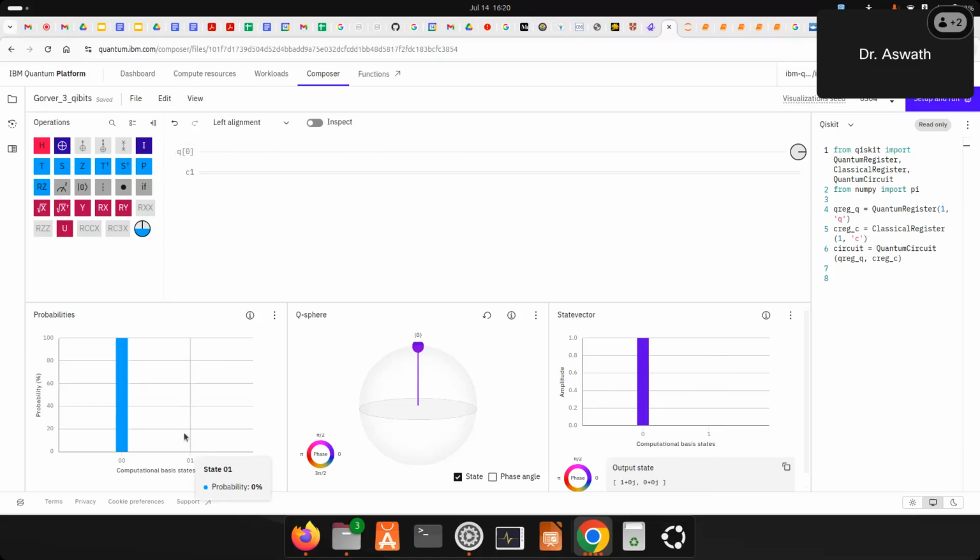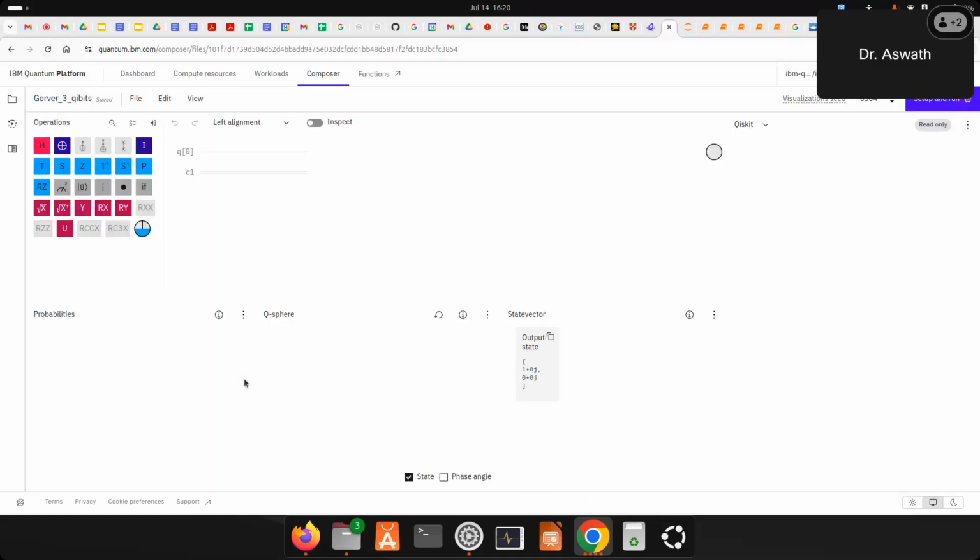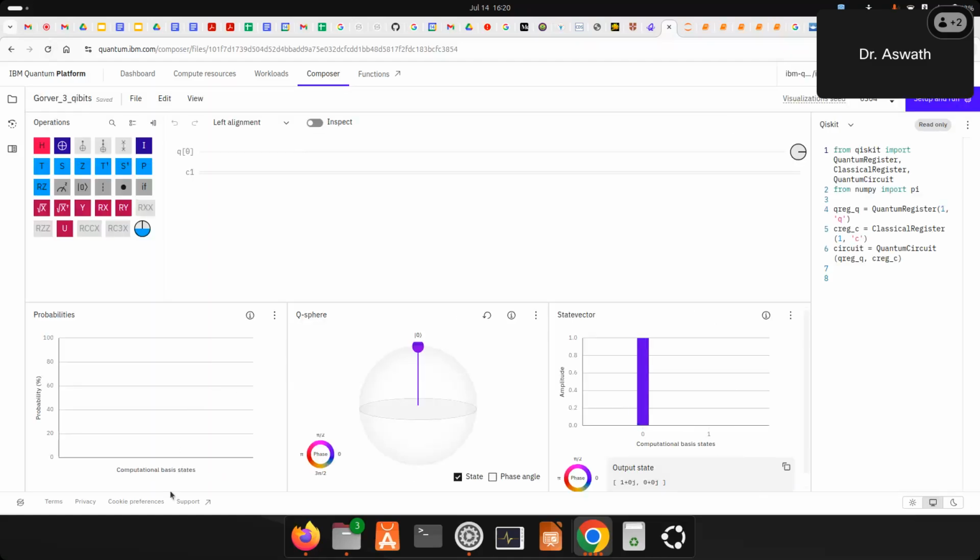And the probability is here. I think it is not getting updated. The computational basis should update. Let me refresh. Yes, the probability in the computational basis will come for zero.